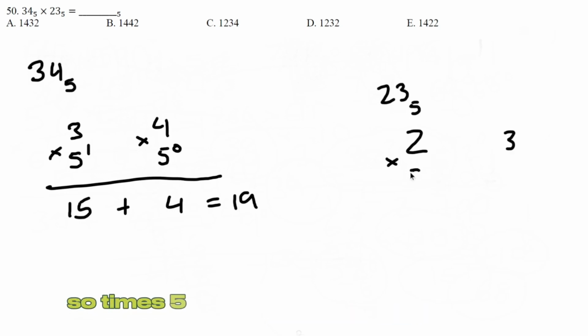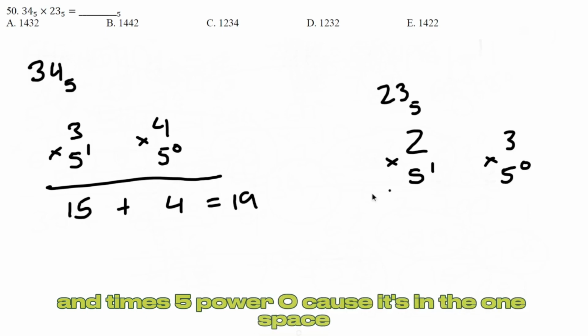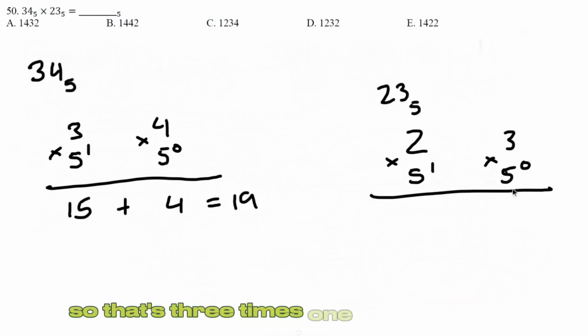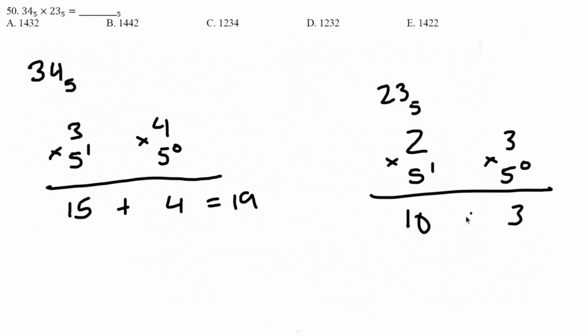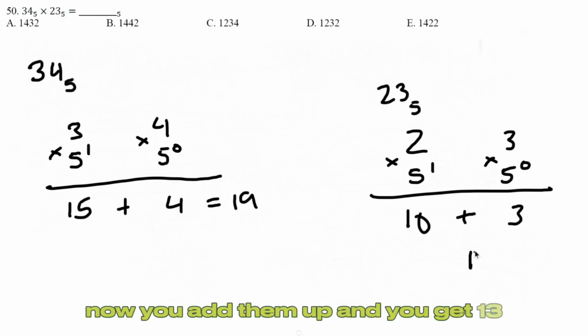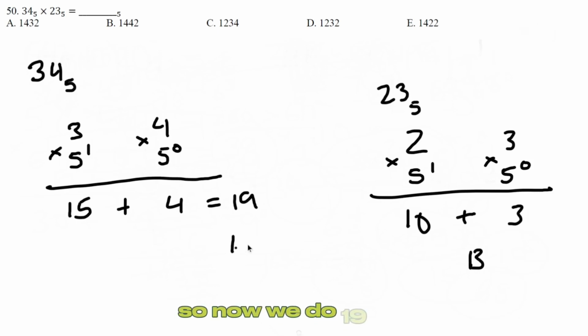Times 5 power 1 because it's in the tens place, and times 5 power 0 because it's in the ones place. So that's 3 times 1, which is 3, and 2 times 5, which is 10. Now you add them up, and you get 13. So now we do 19 times 13, which is 247.